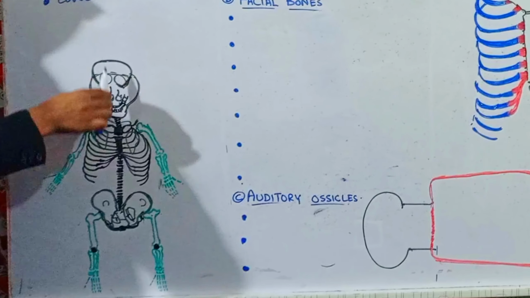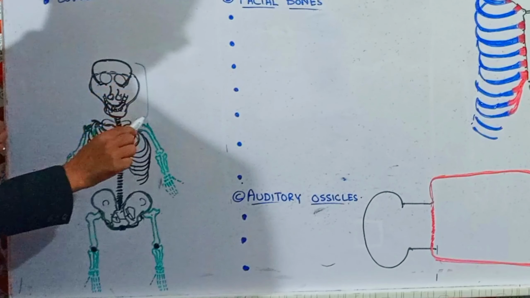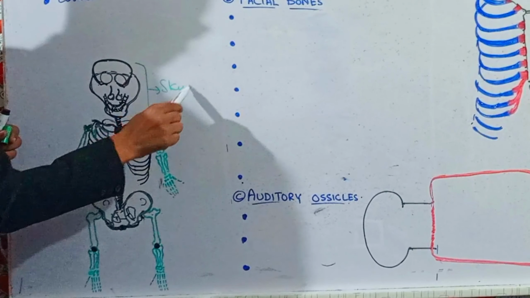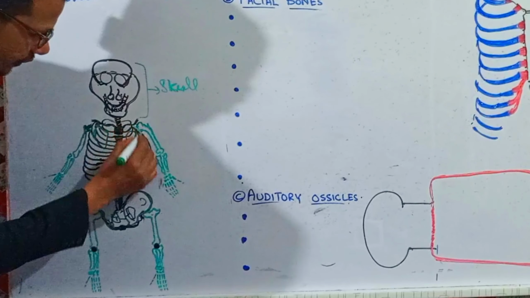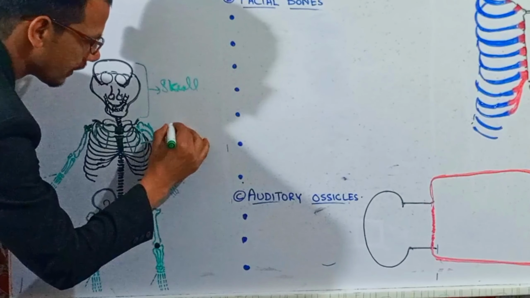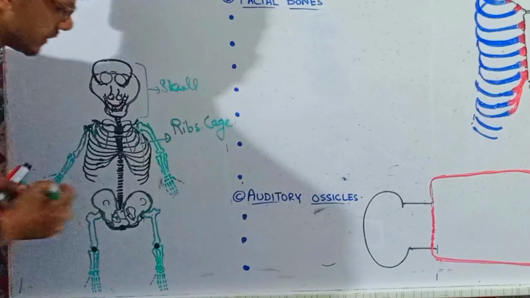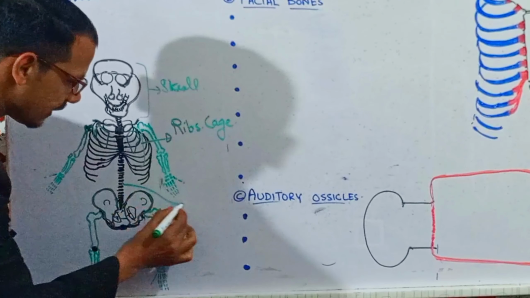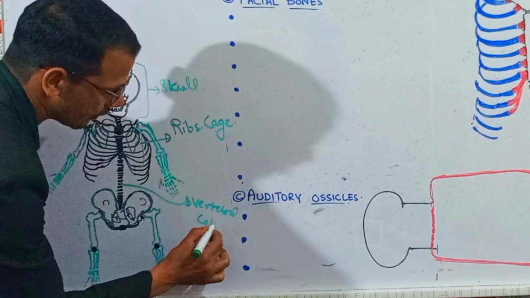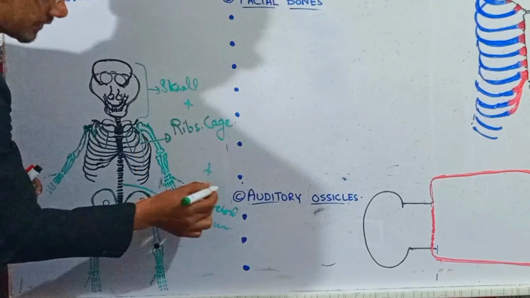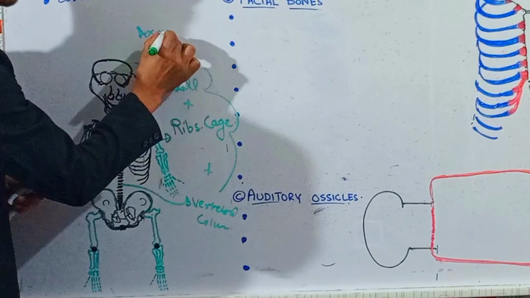Just in this diagram we can see the black areas. This is the skull. This whole area is the ribs cage, and this is called the vertebral column. All these three parts make up the axial skeleton of our body.